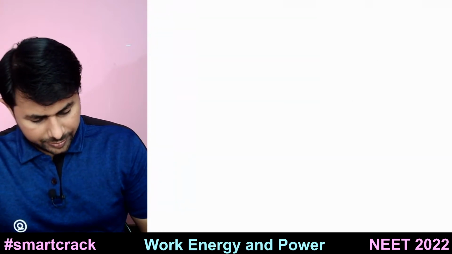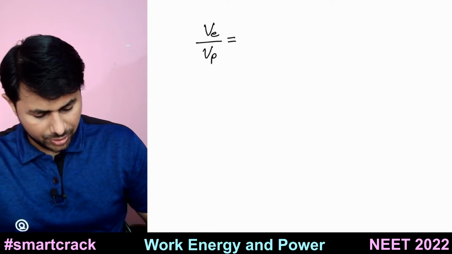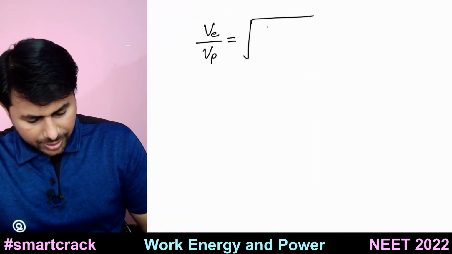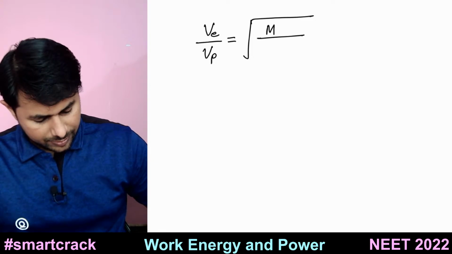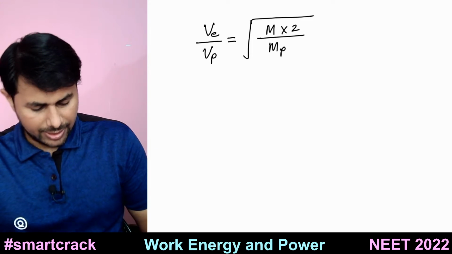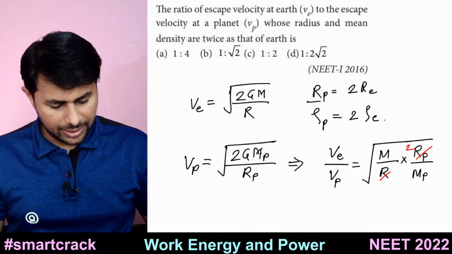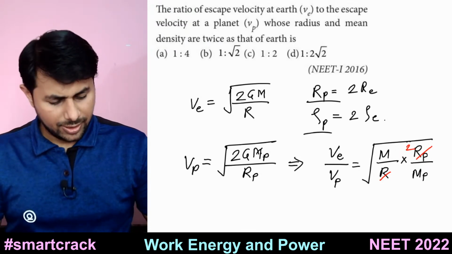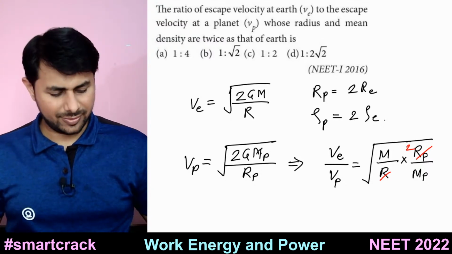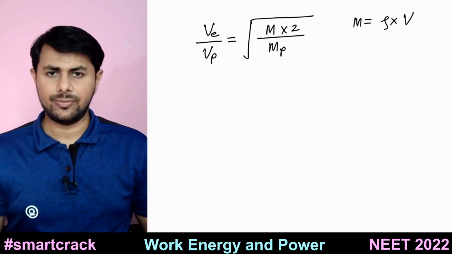So we have velocity on Earth divided by velocity on planet, escape velocity. The ratio of that, what we are left with is mass of Earth into 2 divided by mass of planet. Now it's given that the density of planet and radius of planet are twice. So the mass of planet will be how many times? What is mass? Mass is equal to density into volume, right?